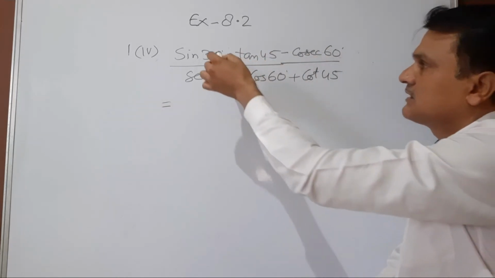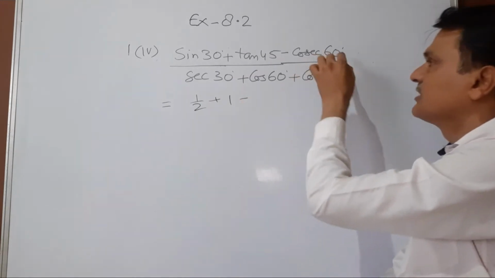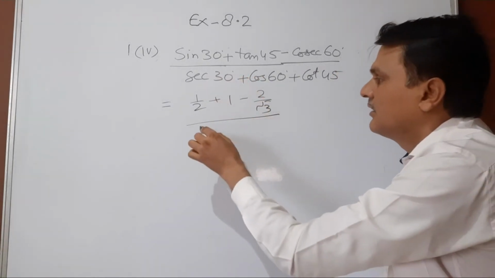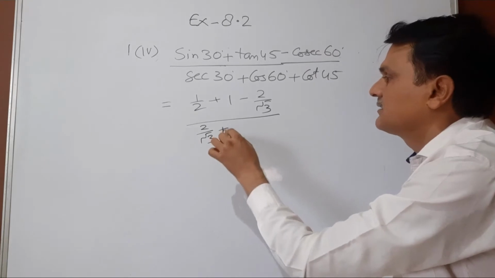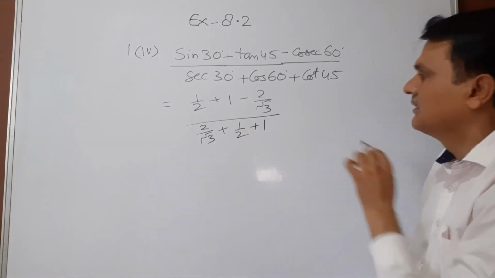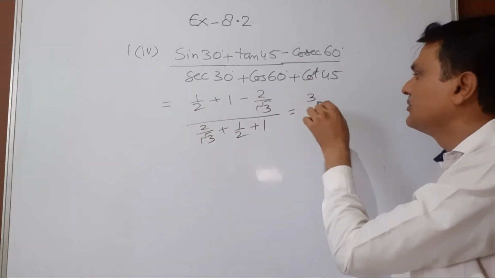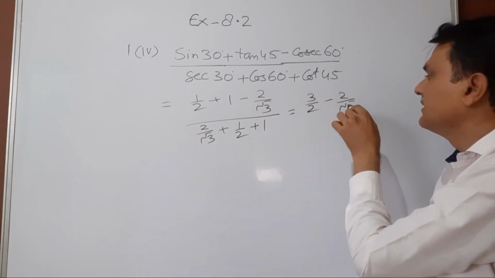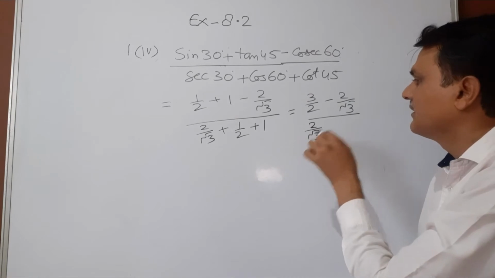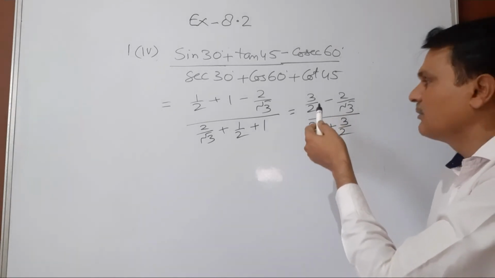We put the values: sin 30 is 1 upon 2, plus tan 45 is 1, minus cosec 60 is 2 upon root 3, whole divided by sec 30 is 2 upon root 3, plus cos 60 is 1 upon 2, plus cot 45 is 1. After that, 1 upon 2 plus 1 we add first, then this will be 3 upon 2 minus 2 upon root 3. Similarly, adding 1 upon 2 plus 1 gives 2 upon root 3 plus 3 upon 2. Then we solve numerator and denominator by taking LCM.